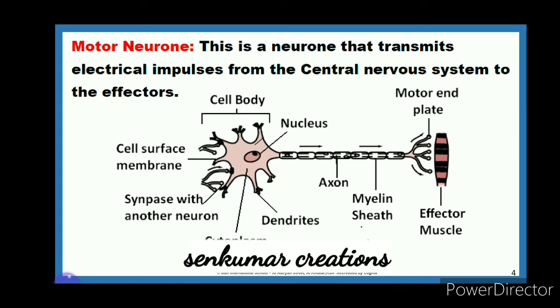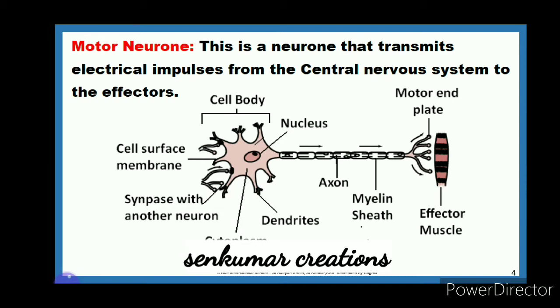Let us see first the motor neuron. You can see the neuron structure very clearly, right? This is a neuron that transmits electrical impulses from the central nervous system to the effectors. So from the brain or central nervous system, the impulses are taken to the effectors, the muscles or glands.